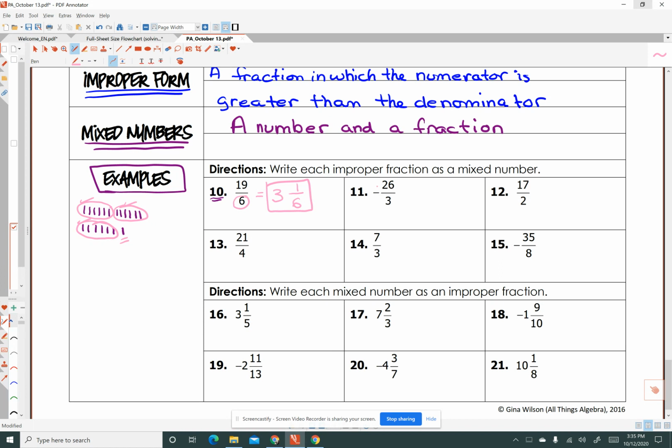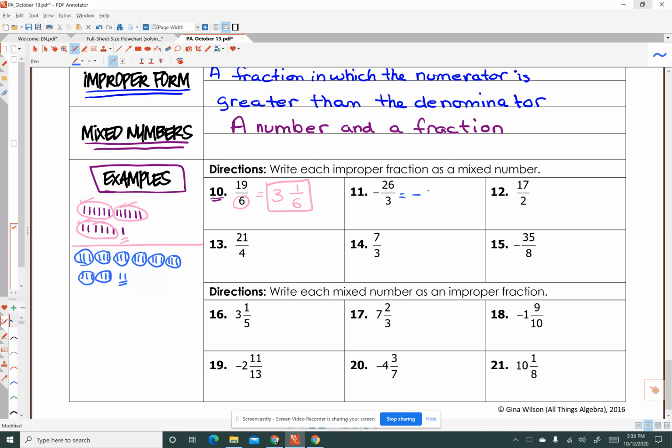Okay, let's look at the negative 26/3. So we'll start, let's change our color, and we'll make 26: 2, 3, 4, 5, 6, 7, 8, 9, 10, 11, 12, 13, 14, 15, 16, 17, 18, 19, 20, 21, 22, 23, 24, 25, 26. So how many groups of 3 do we have? 1, 2, 3, 4, 5, 6, 7, 8 groups of 3 with 2/3 left over.